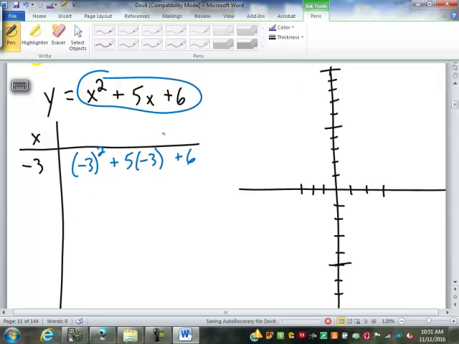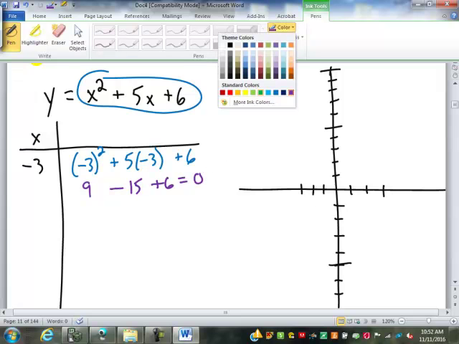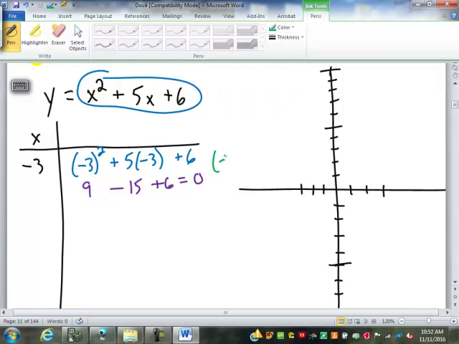So I'm going to do my order of operations now. -3 squared is 9. 5 times -3 is -15, plus 6. Well, 9 minus 15 is -6, plus 6 is 0. So that's giving me, when x is -3, y is 0. So -3, 0 is right there.